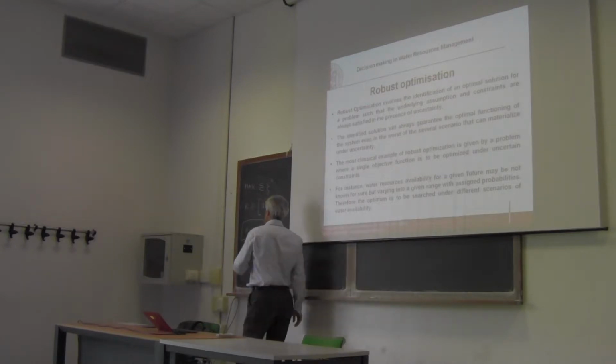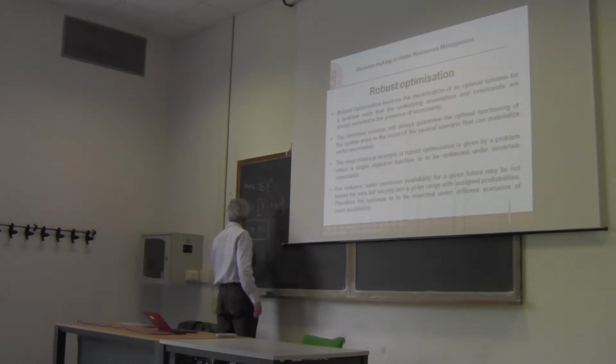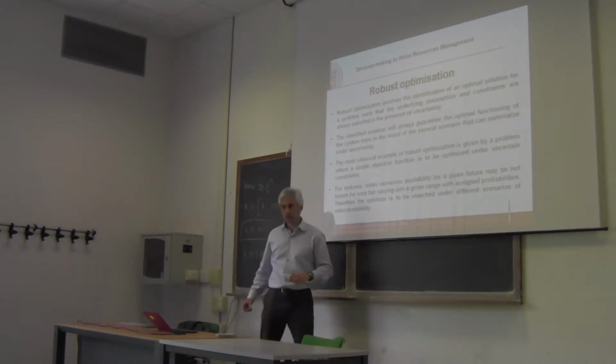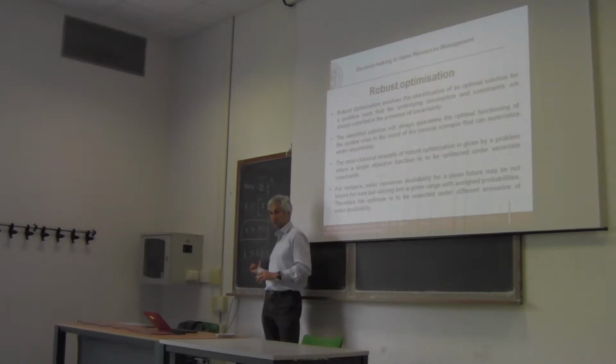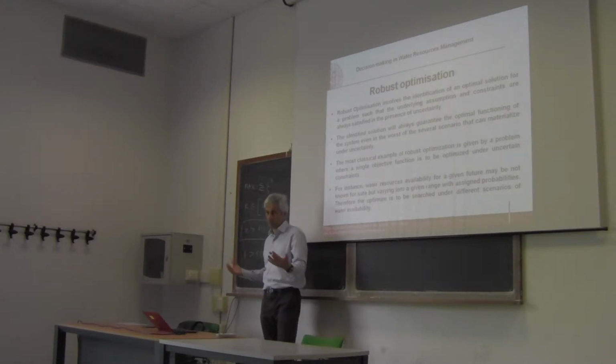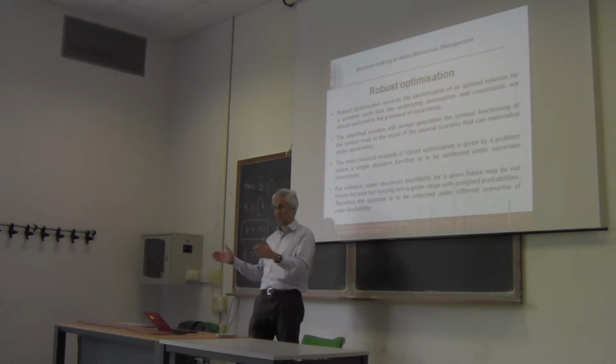Or we may say k should be greater than 10 plus minus alpha. This is a constraint with uncertainty. So robust optimization means look for the optimum, but in the presence of constraints that are uncertain.